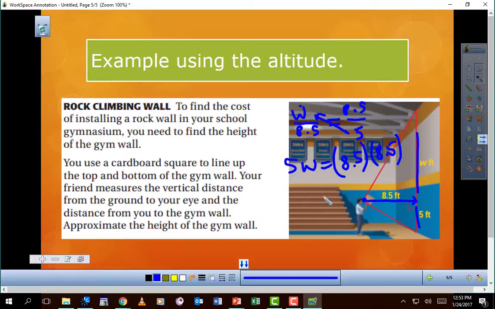What is it? 72.25 is equal to 5W. The 5W is equal to 72.25.